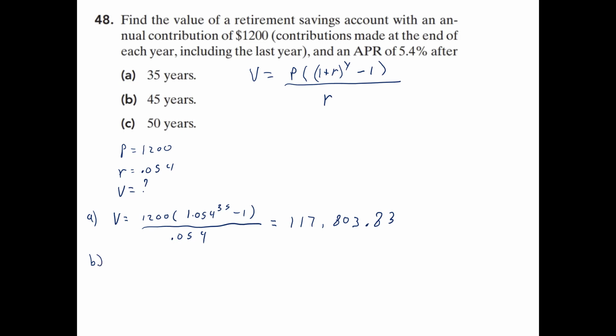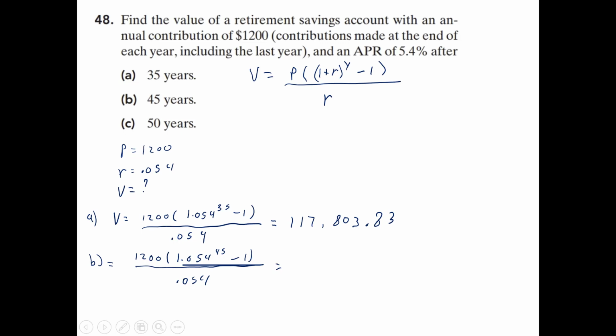So for part B, it's the exact same thing. $1,200. But now we have 1.054 to the 45 years. So now we've gone the other way and increased the number of years by 5 from our original 40 from the previous problem, and then divided by 0.054.